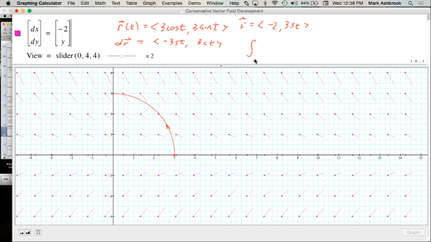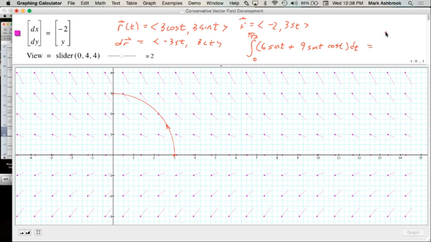The line integral would be the integral from 0 to pi over 2 of F dot dr. So we get positive 6 sine t plus 9 sine t cosine t. Did I do the math right? Is this going to be positive or negative?